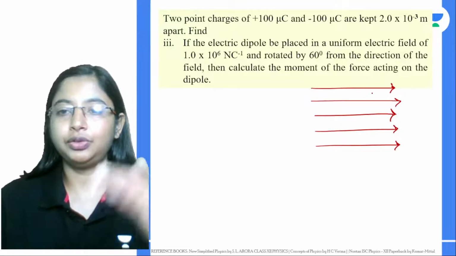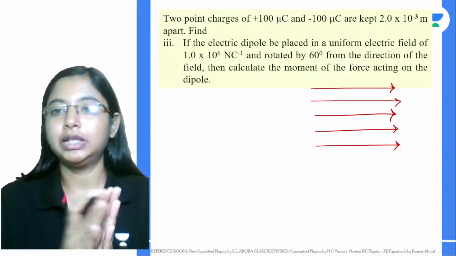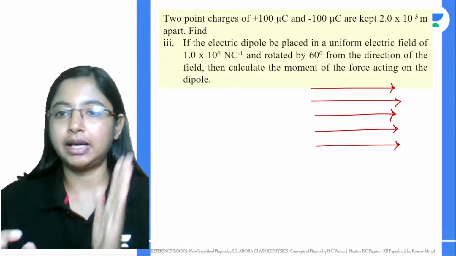If you have a uniform electric field, all the electric field lines are directed towards one side.